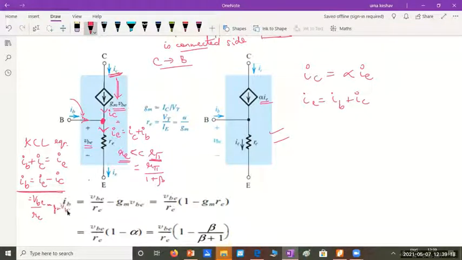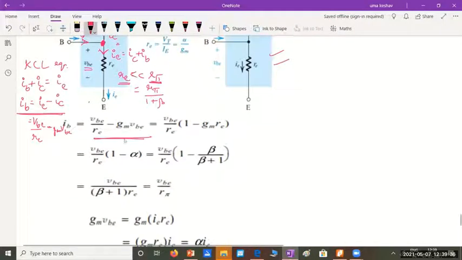So VBE by RE minus GM times VBE. Now, if I take VBE by RE as a common factor, I'll get 1 minus GM RE here, because VBE is taken outside. And we know GM RE is nothing but alpha from our previous derivations.